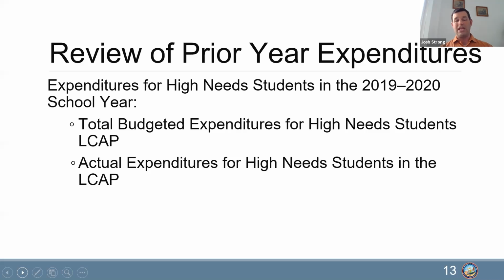It's also asking for the actual expenditures for high needs students in the LCAP. So looking back at last year, what was budgeted for actions that increased or improved services, and what was the actual expenditure for actions increasing or improving services.